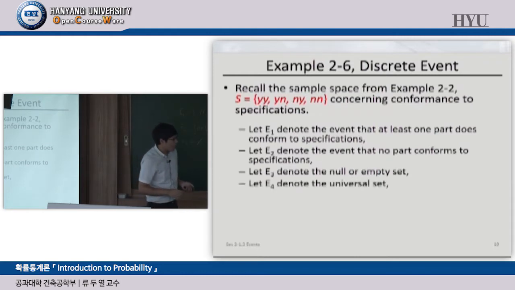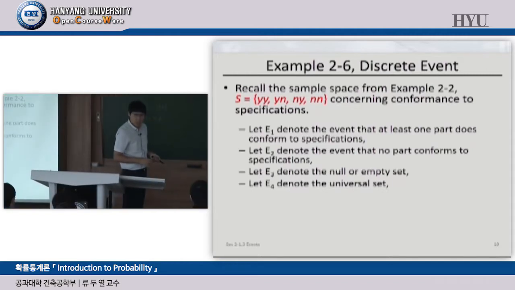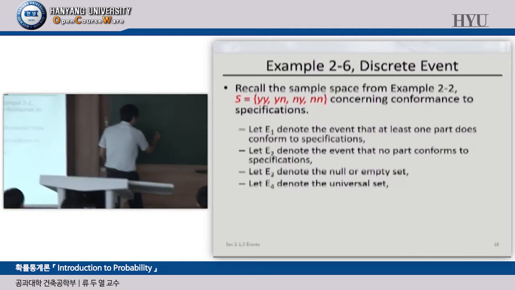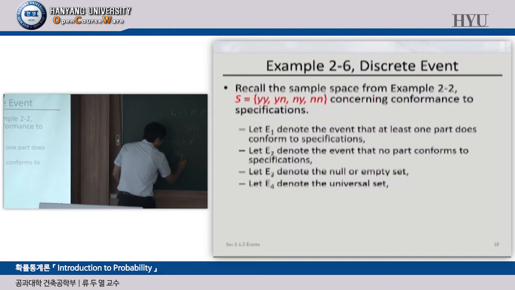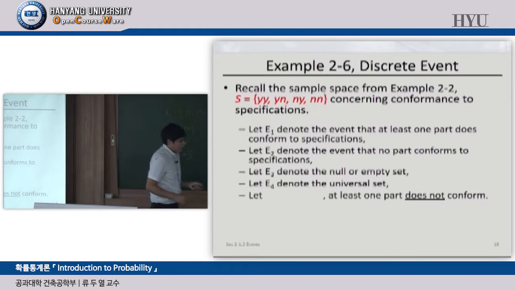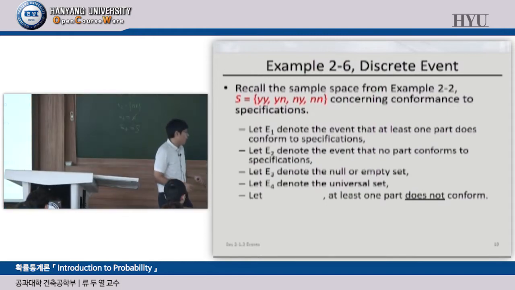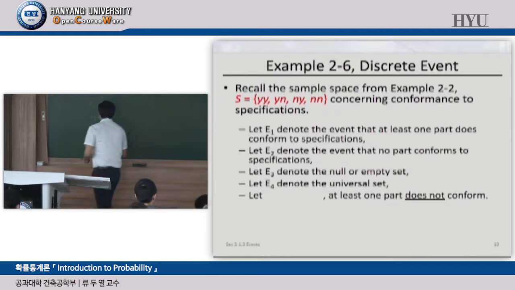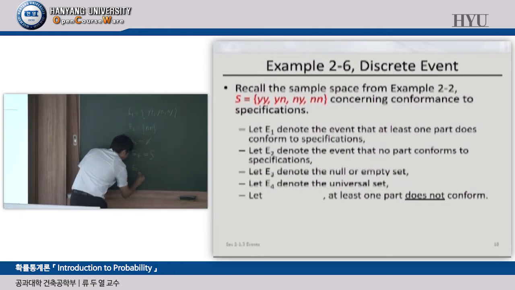And let E4 denote the universal set, which means that the event of E4 equals to total sample space. Let E5, for the case that at least one part does not. So the event of E5 will be YN, NY, NN, right?